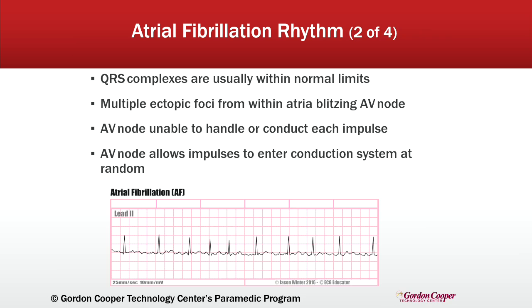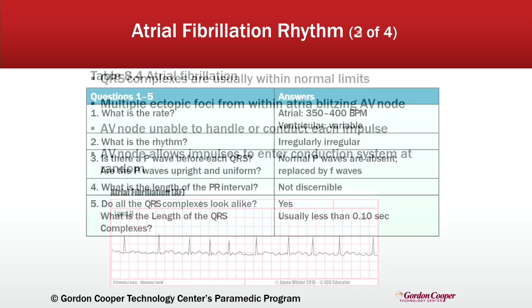So as a result, the AV node allows impulses to enter the conduction system at random. It just leads to that irregularly irregular ventricular response that we see in AFib. So this random conduction creates this erratic and unpredictable rhythm of the heart, contributing to the absence of regular P waves and the irregular timing between each heartbeat.